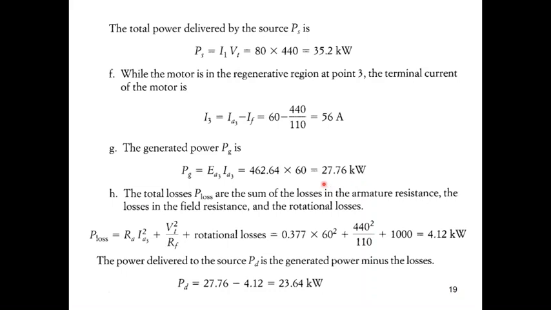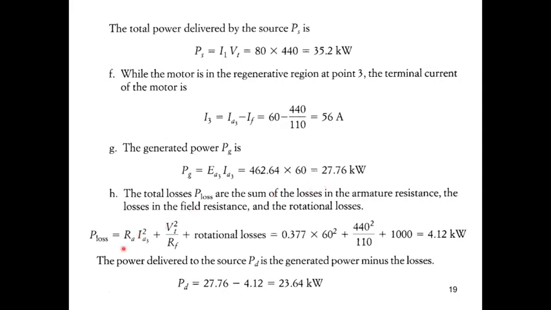It's required also to calculate the power that the machine can deliver to the loads, or the generated power that's going to return to the supply. To calculate this power, we have some losses in the machine. It's stated that there are rotational losses of 1000 watts, and also we have resistances, so we have some copper losses. So in order to calculate the returned power to the supply, we first have to subtract all losses, which are I squared R for any resistance in the circuit and the rotational loss of the machine.